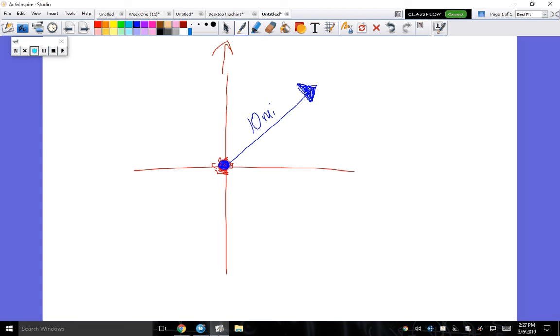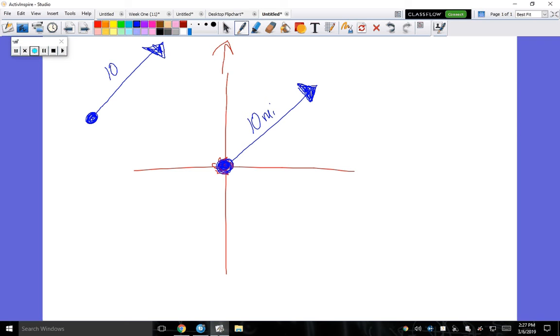What if I said you weren't at the origin, and you were over here, and I told you to travel the same vector? That means you could be over here, and it's basically the same exact thing, only in a different location.